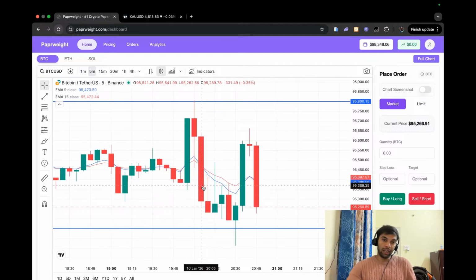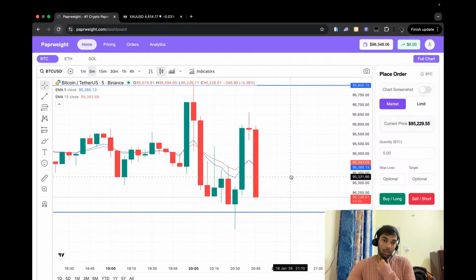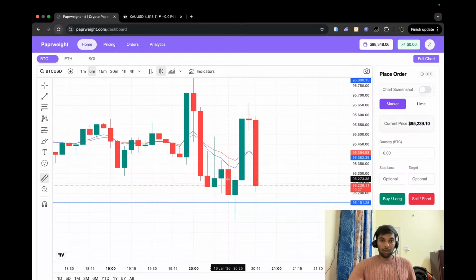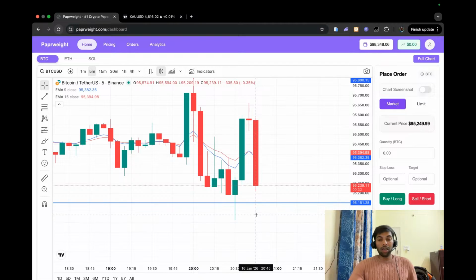After this accumulation of all the sellers right here, the market took some of the weak sellers out, and it gave a second opportunity to the sellers after this red candle. Sellers got jumped in again, right? So after seeing this red candle, this is like 130 points. The market went 130 points down.